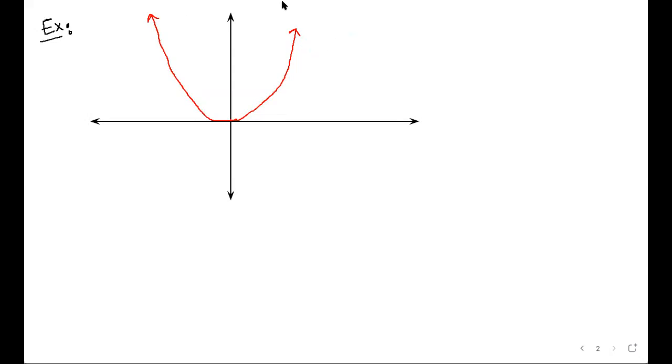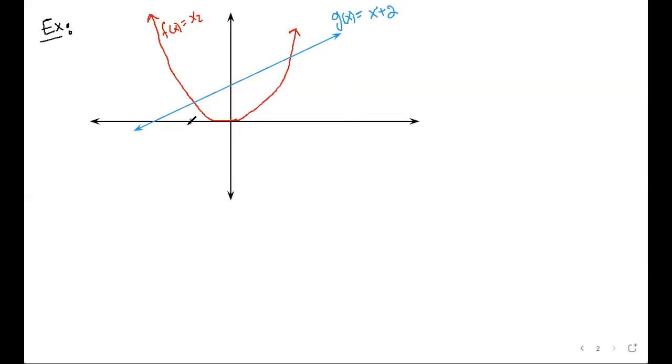Let me move it a little bit. So here, f of x equals x squared. And my second function is the blue one. The blue one, I call it g of x equals x plus 2.